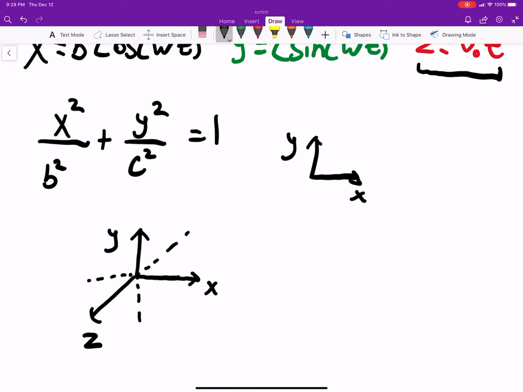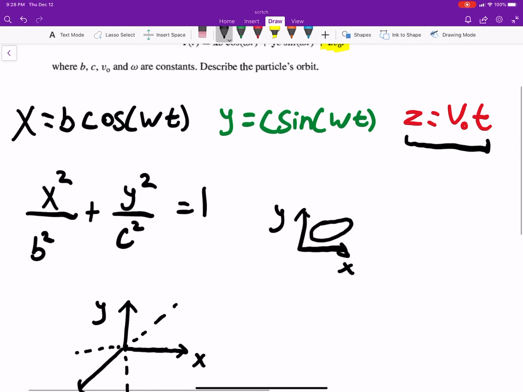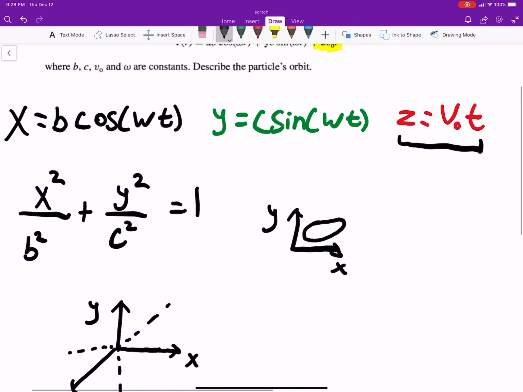But now we're adding this z component. So what's happening? Well, you have this ellipse, however it might look, and then with this z component, it's increasing by a rate of v naught for every unit of time. So how does that actually relate to the shape?